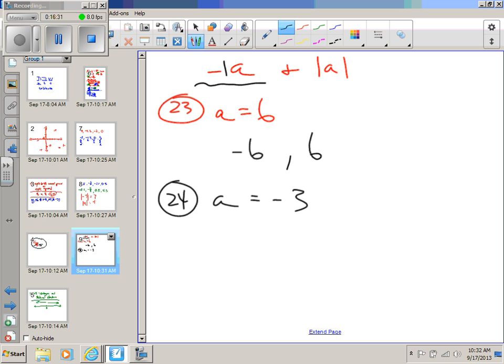So if I'm going to plug it in there, a negative 3 times the negative 1, it's going to flip the sign again, Mark. It's going to be positive 3, and the absolute value of negative 3, distance from 0 on a number line, is 3. That's what they're doing there. Okay? Any questions? Not that bad?